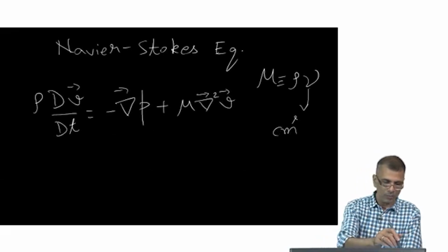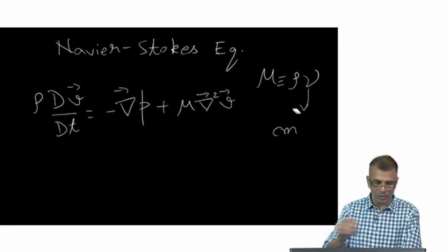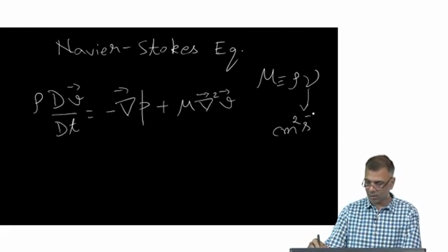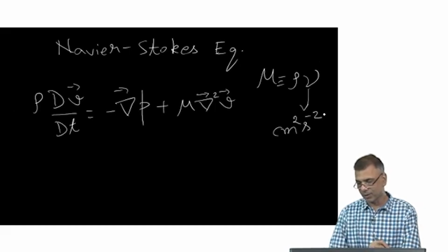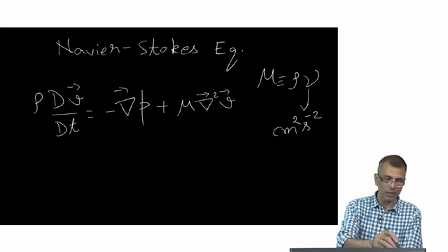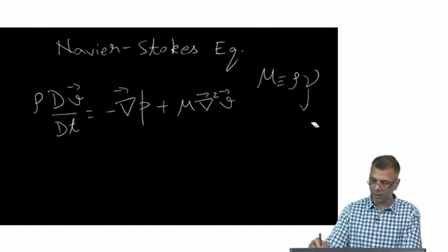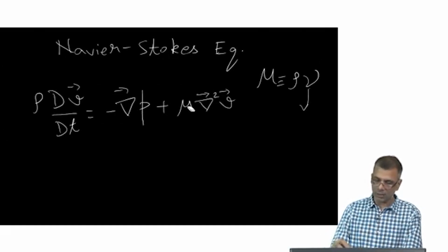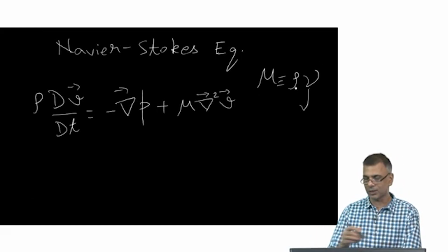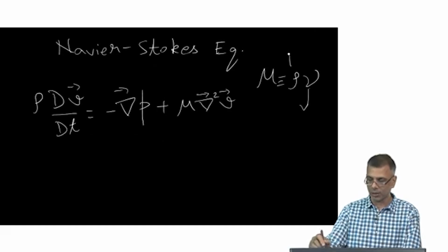I seem to be making several writing mistakes today. I'm not sure that's right. Let me leave it as it is. The nu has the dimensions of the coefficient of dynamic viscosity divided by mass density, and the dimensions of this are simply grams per.